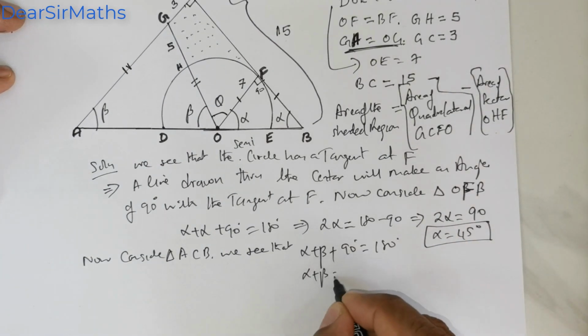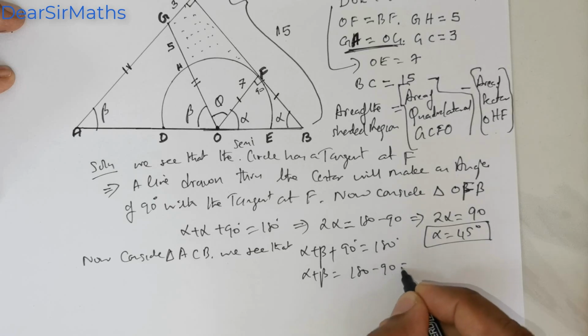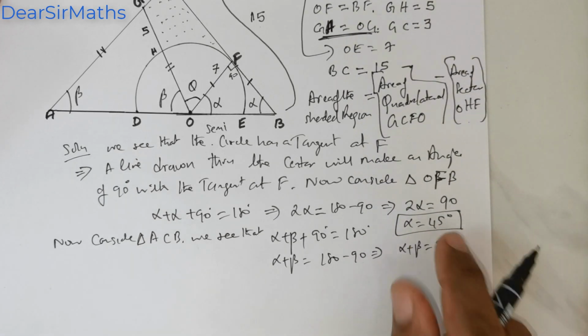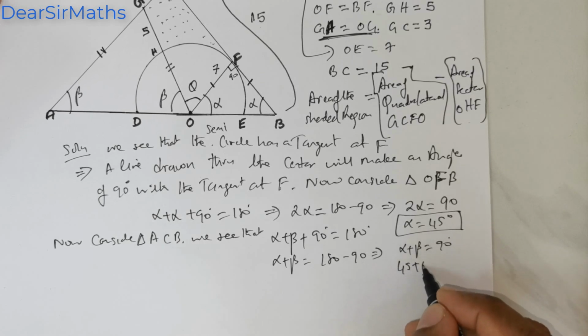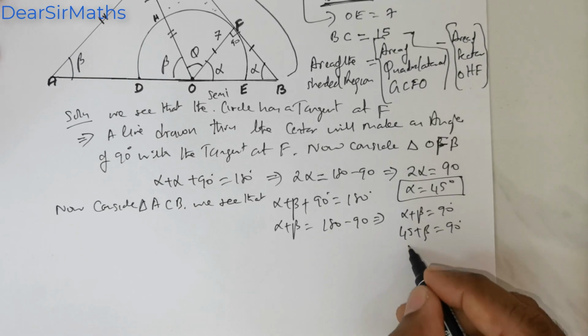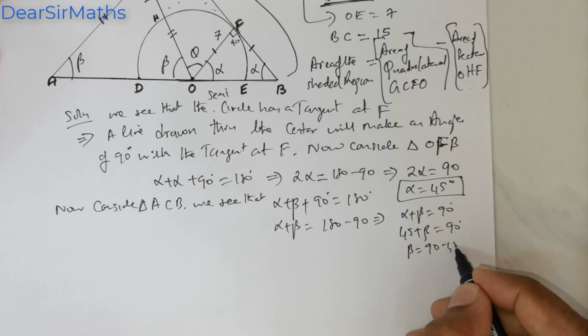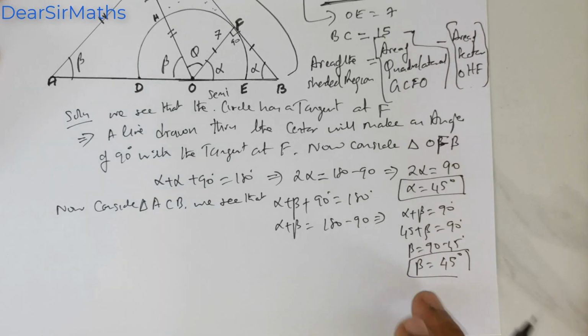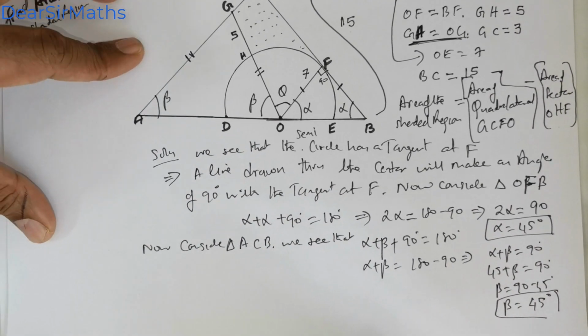So alpha plus beta is 180 minus 90, which means alpha plus beta is equal to 90. So alpha is 45. So 45 plus beta is equal to 90. So beta is equal to 90 minus 45. Therefore beta is 45 degrees. So we got the value of beta, right?